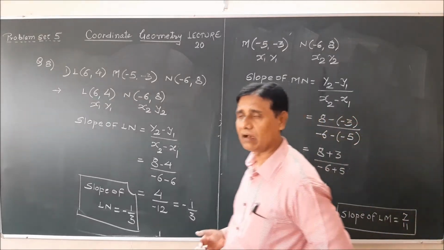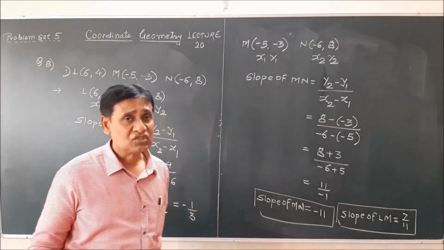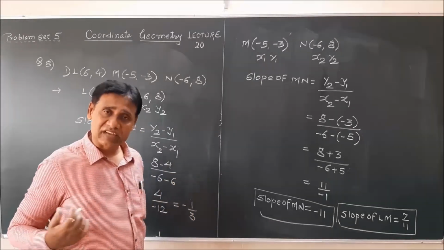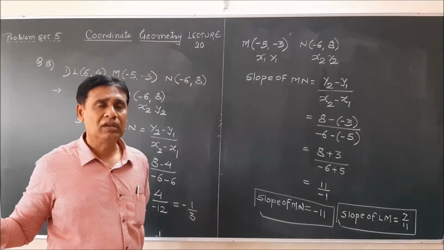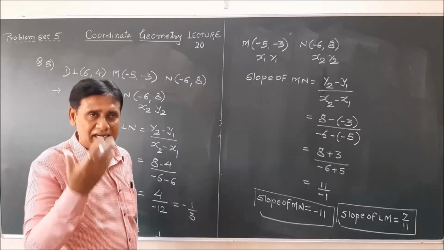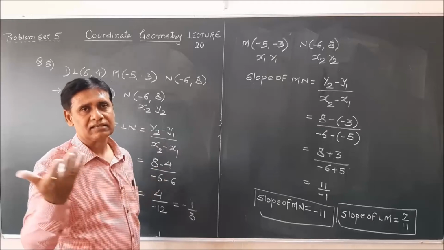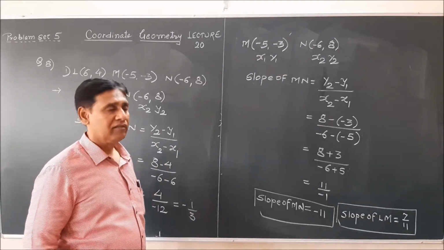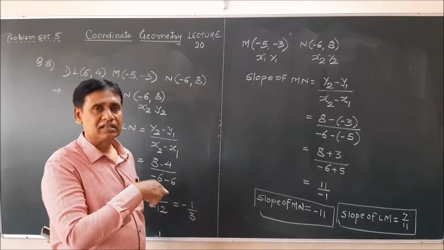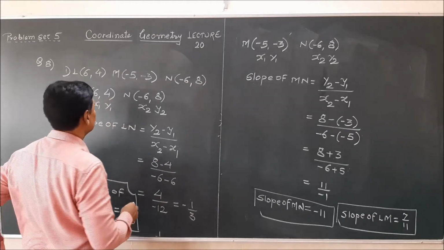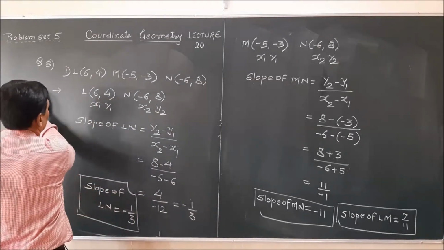So you can say now, since slopes of all three sides of the triangle are not equal, therefore naturally they are going to intersect each other, and three intersecting sides are going to form a triangle. So first we have to verify whether these three vertices are forming a triangle or not. Yes, they are going to form a triangle.